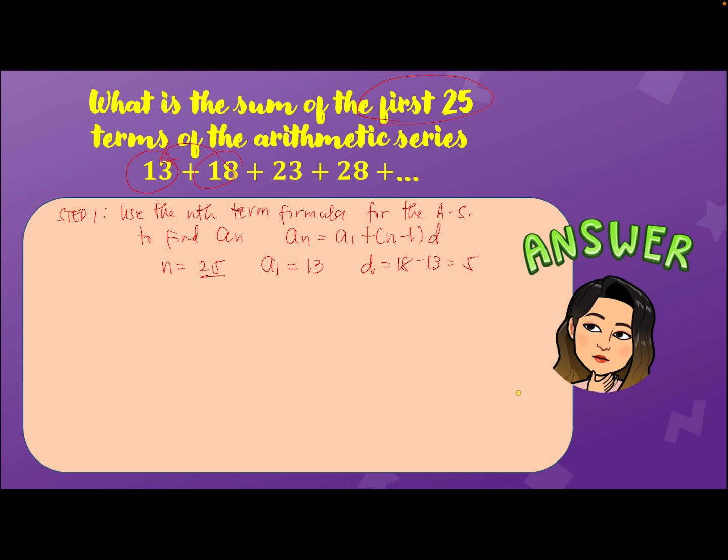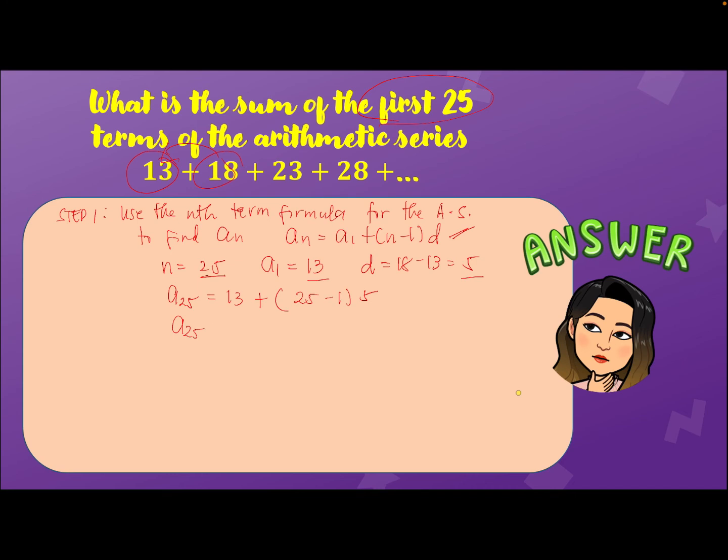So we have n is 25, a sub 1 is 13, d is 5. Let's substitute into the formula. We got a sub 25, where n is 25, a sub 1 is 13, plus the quantity 25 minus 1 times d, which is 5. So let's simplify the answer.